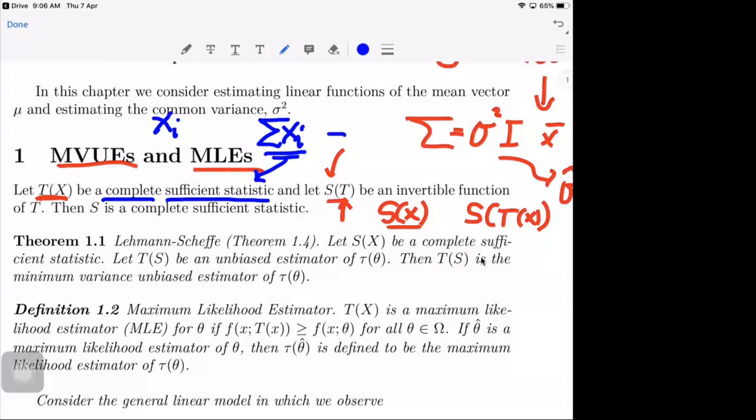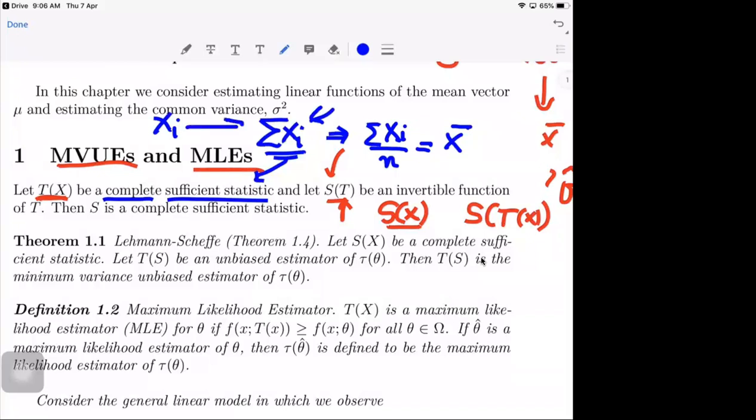But if you convert this to the summation of x of I over n, which is usually our x bar, this is now your x bar. So from x to this, that is your T of x in our notation. And summation of x of I is a complete sufficient statistic.